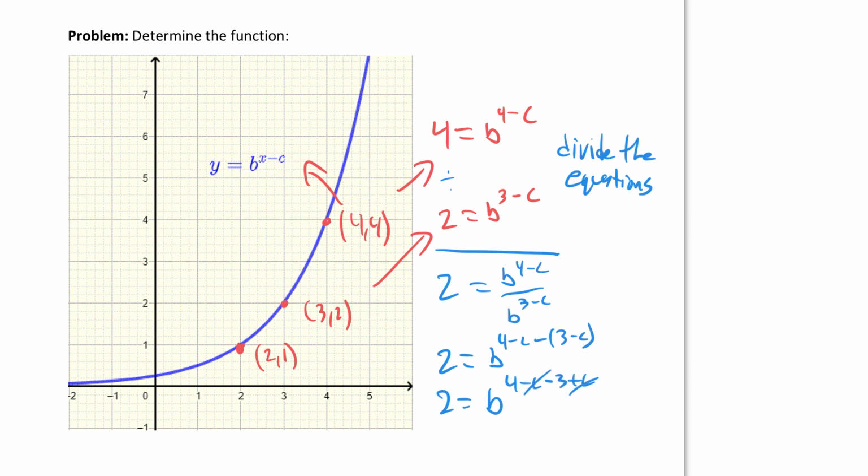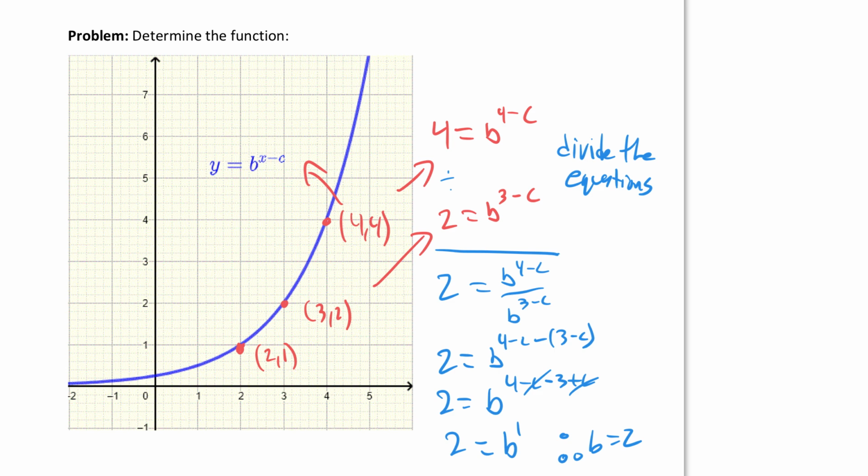And the c's cancel. 2 equals, well, 4 minus 3 is going to be 1, and we get b equals 2. Now, I know that was a little weird, but it's a kind of interesting technique. If you have 2 points or 3 points or however many points you have, you can go ahead and plug them in just like normal and then divide the equations to figure out the missing b value.